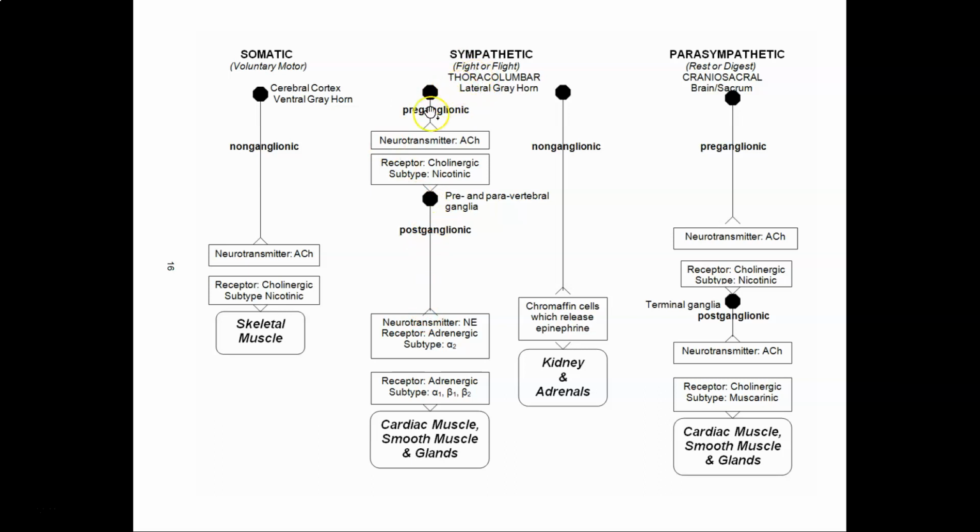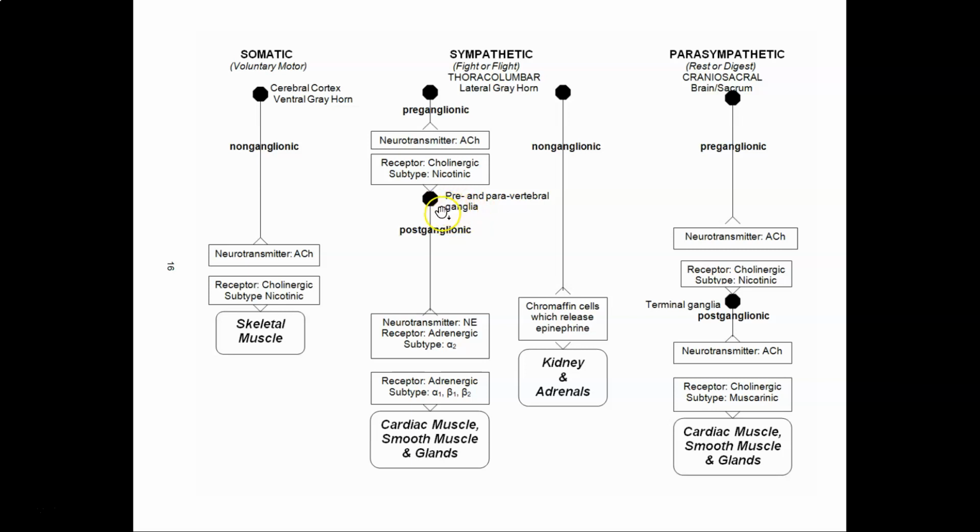Now, in the sympathetic nervous system, the preganglionic fibers are very short. They exit the spinal cord and almost immediately go to a ganglion, typically the paravertebral ganglia, sometimes called the sympathetic chain ganglia. And there are some that go in front of the spinal cord called the prevertebral ganglia. Again, these fibers are really short because they exit the spinal cord and immediately synapse somewhere else.